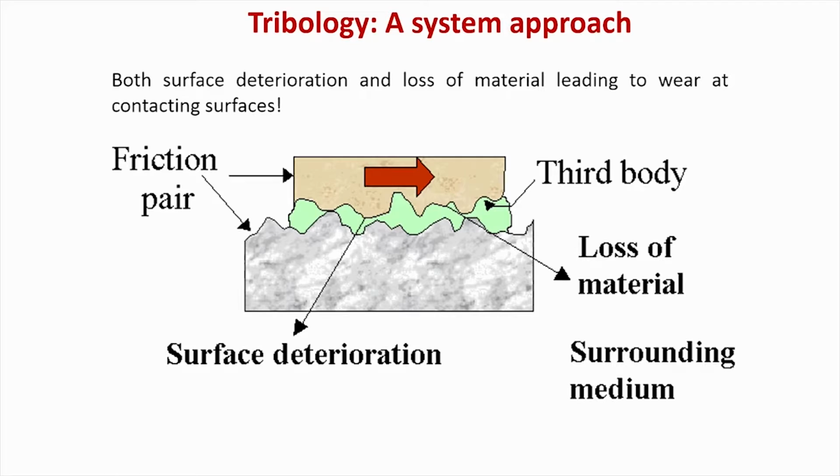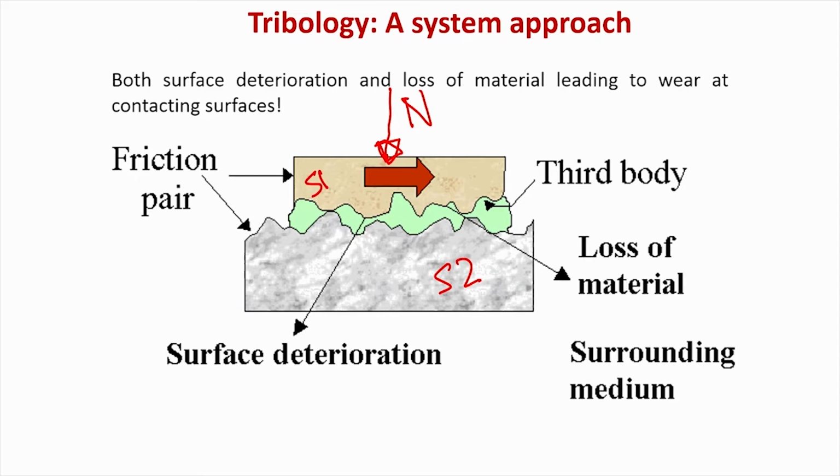So, again let me reiterate here, tribology is a system dependent property. What you see here is that there are two solids. Let me spend some time here to explain. The top solid is being pressed against the bottom solid. This is S1, solid 1, and this is S2, solid 2.